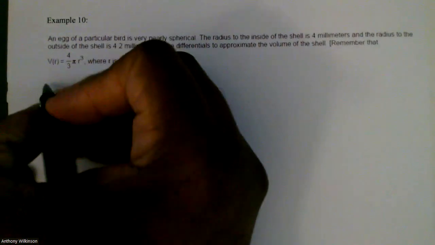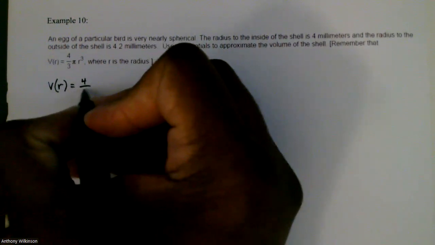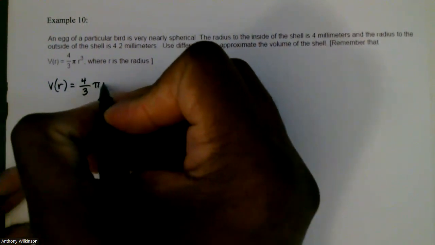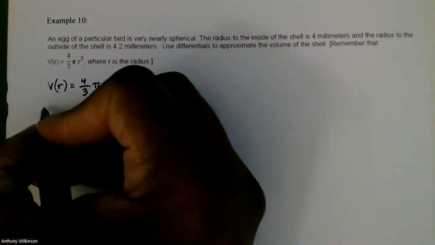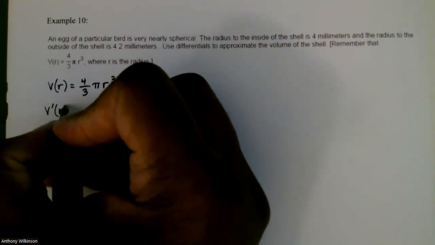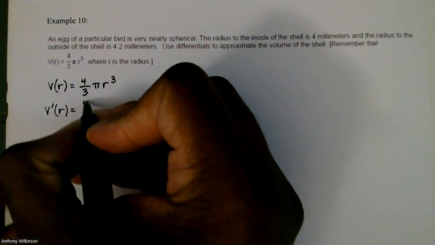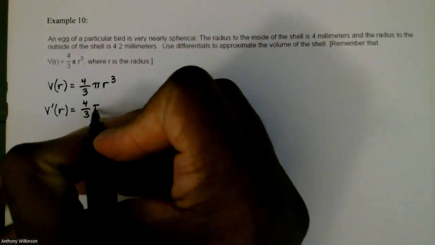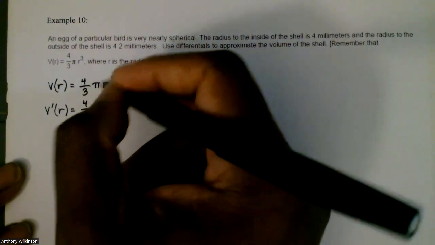Now, let's go and write this formula down. V of r is equal to 4/3 pi times the radius cubed. And let's find its derivative. So V prime of r is this. 4/3 and pi are constants, so I'm going to bring those down. Now I'm taking the derivative of the volume with respect to the radius.